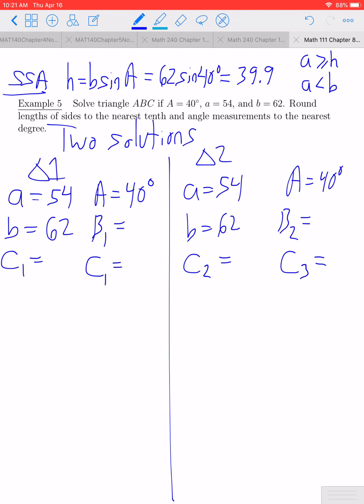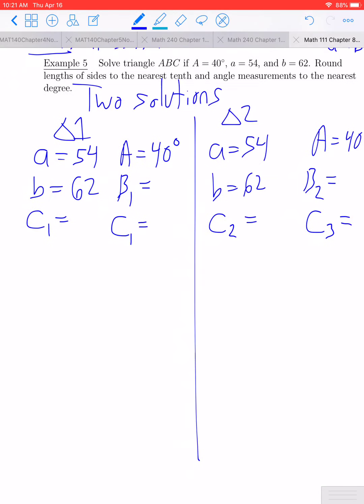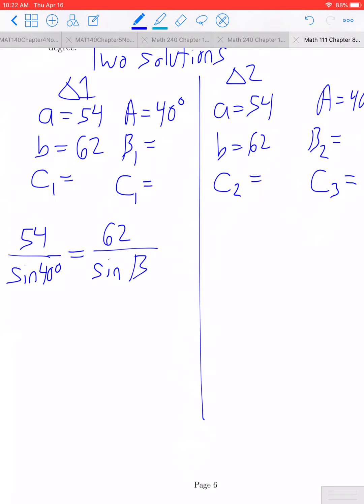To begin, let's start by solving for angle B in this case. So one of the things that we know is that the ratio of a to the sine of A would be equal to the length of b divided by the sine of B. With a little bit of algebra, we can solve this for sine B. I'm going to skip that step.